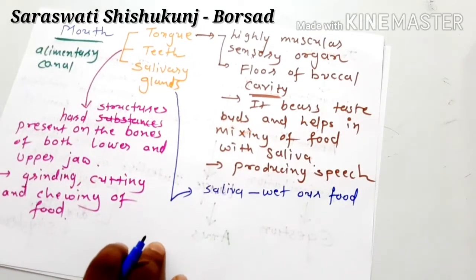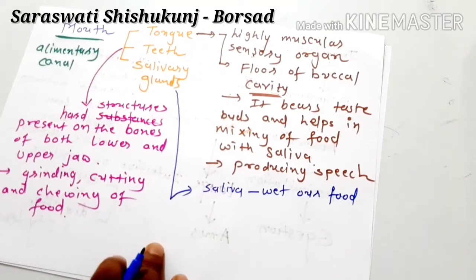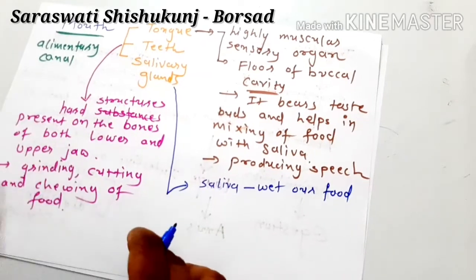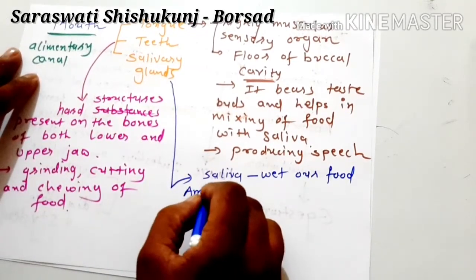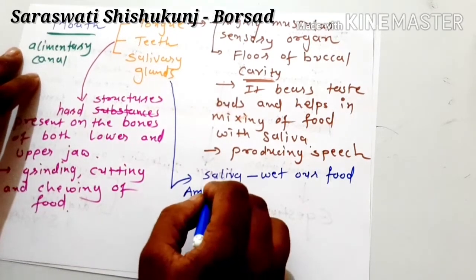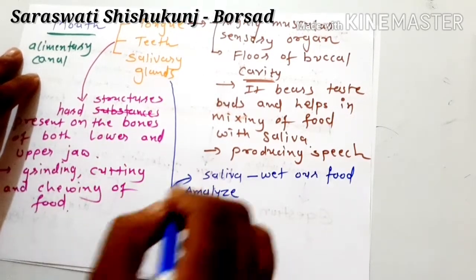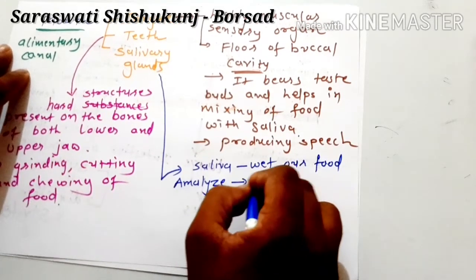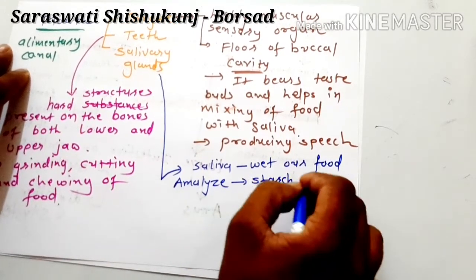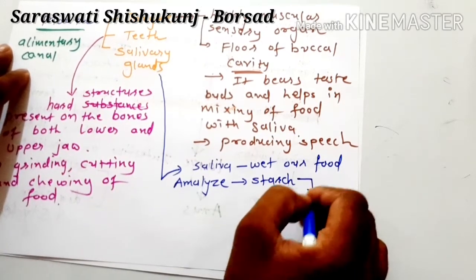Due to different enzymes present in saliva, digestion takes place. Suppose we take an example: due to amylase which is present in saliva, this amylase converts starch into maltose.